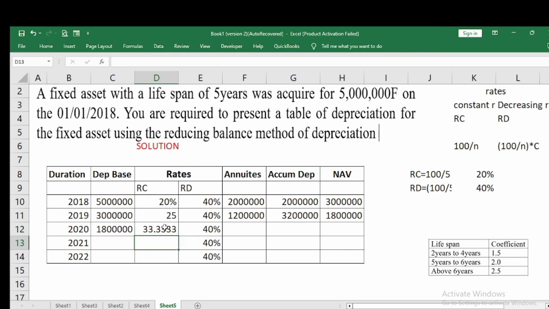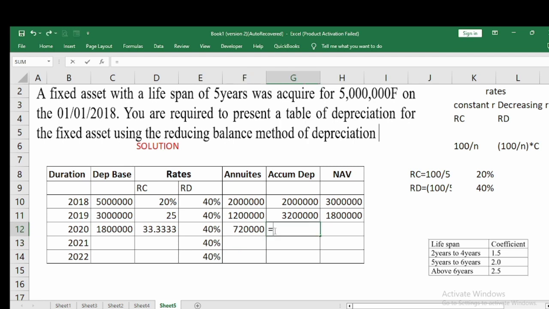All this amount is in percentage, because we are using by 100. So between 33.33% and 40%, 40% is still higher. So our annuity in this case is going to be calculated using 40%. So equal to this times this.